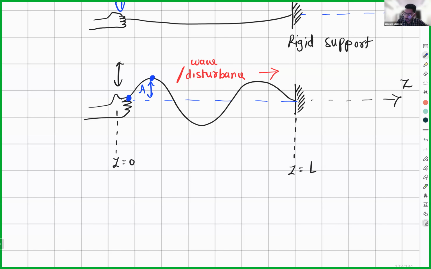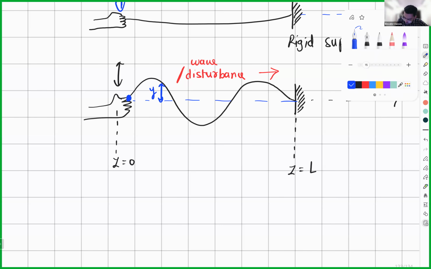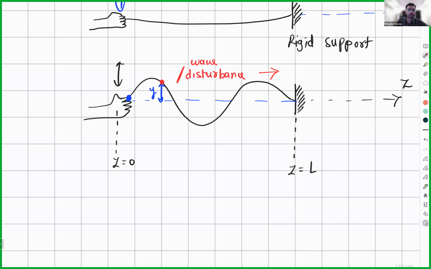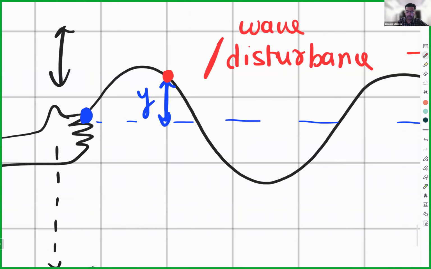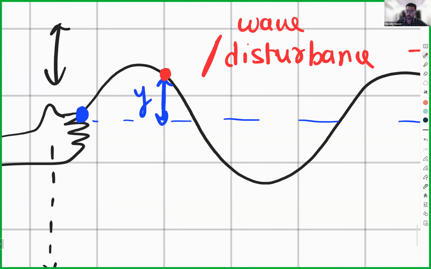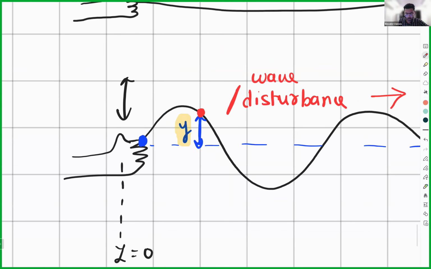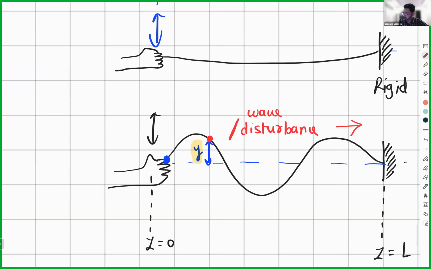So let us see how you can write a general displacement. Let us talk about this particular point, the red dot that I have made. Let us talk about a general point and see whether we can write the displacement of a particular particle on the string, which will also be then called the displacement of the wave.